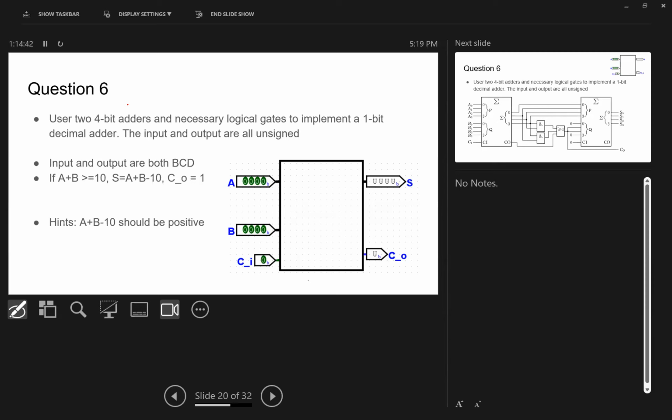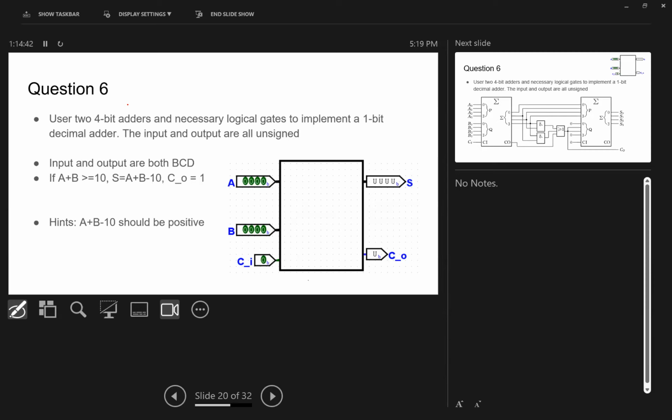It should be 5, because 9 plus 9 is equal to 18, and the maximum number we can represent using 4 bits is just 15. So we have to use 5 bits to represent the result A plus B.